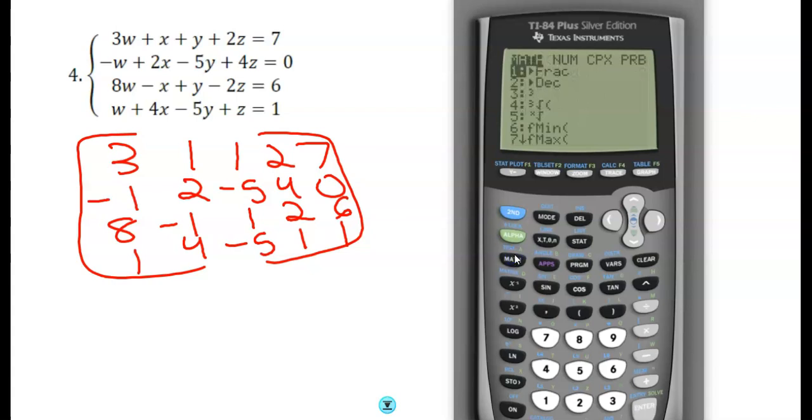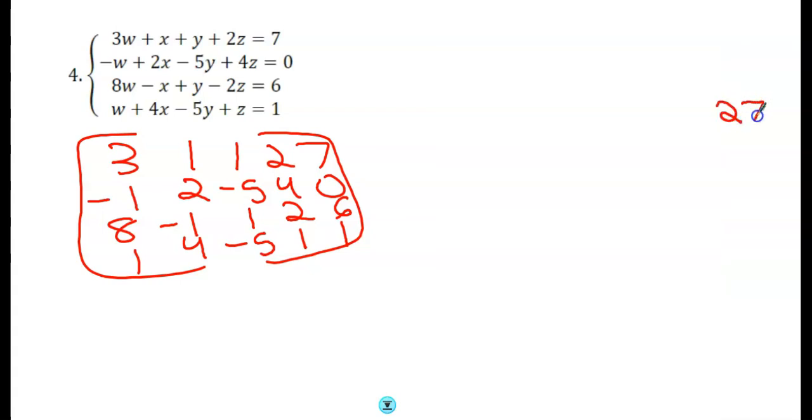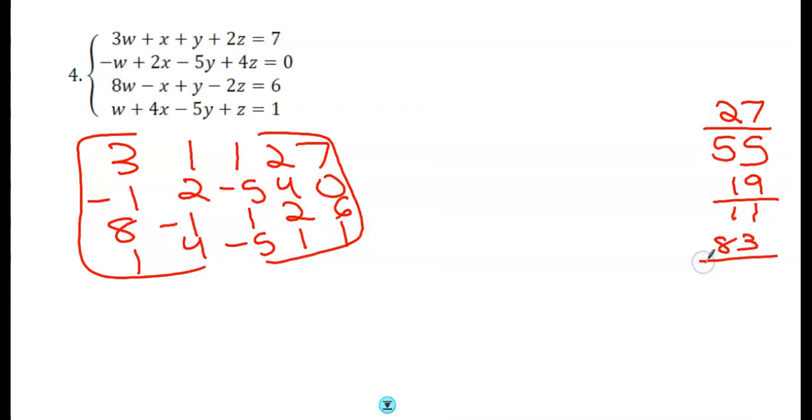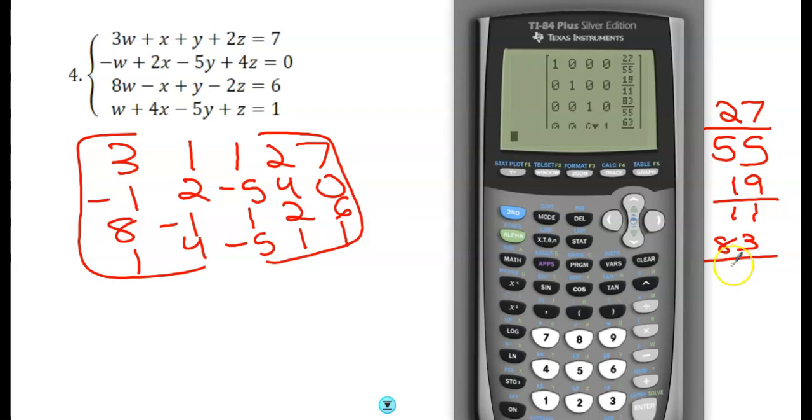Let's see if I can make them into fractions and make them a little bit nicer. And there we go. So we have 27 over 55. Looking at the last column, 19 over 11. Maybe your teacher likes decimals more. I like having them in fraction form. 83 over 55. Sorry, I have to keep going back and forth.